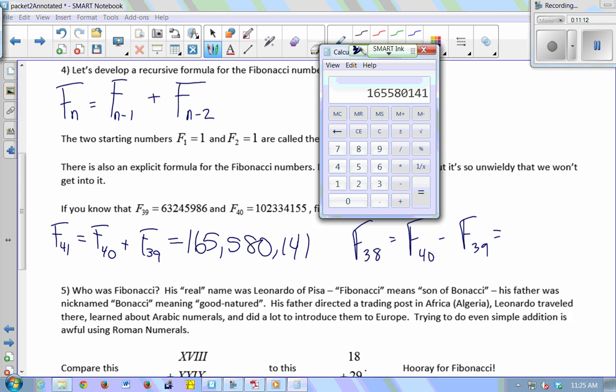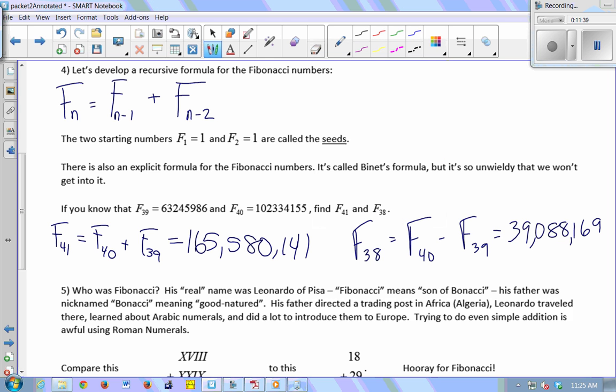Okay, so I have 102,334,155 minus 63,245,986, which is 39,088,169. So those are not that far into the list, 38, 39, 40, and those numbers are huge already. So this list grows really fast.